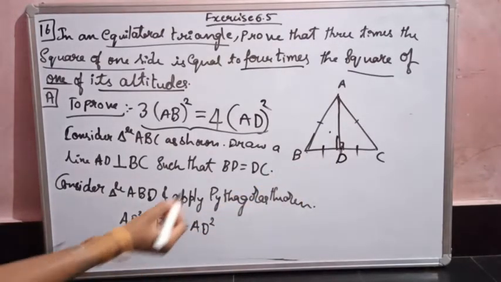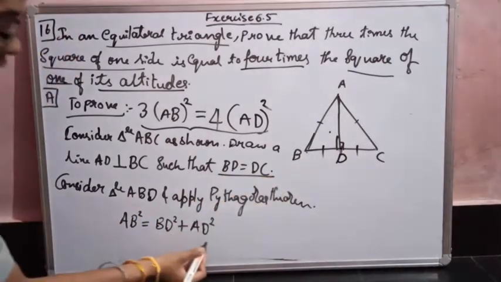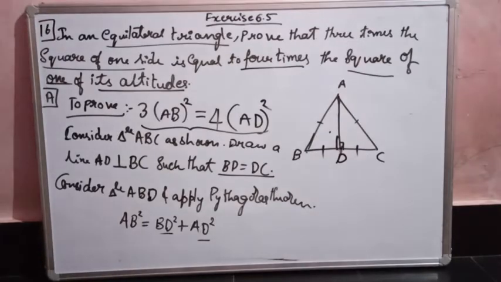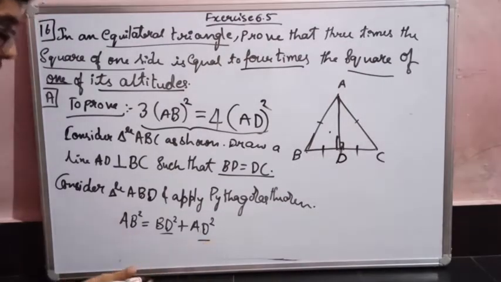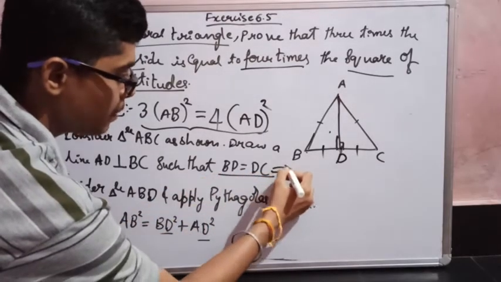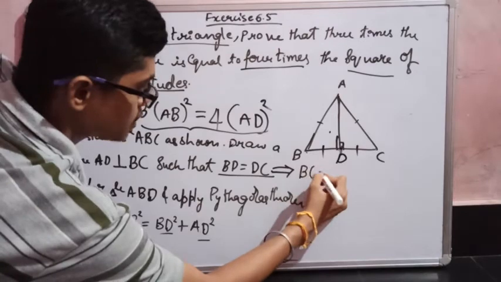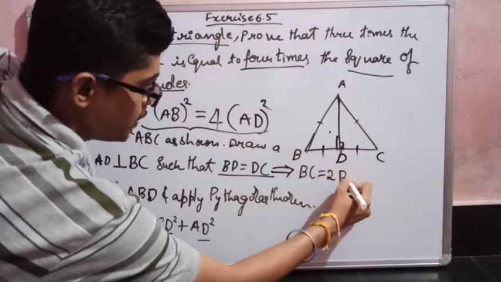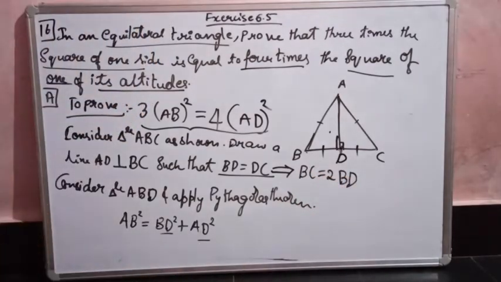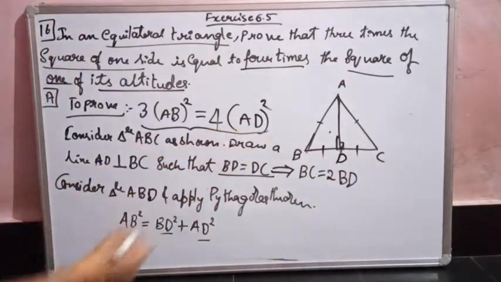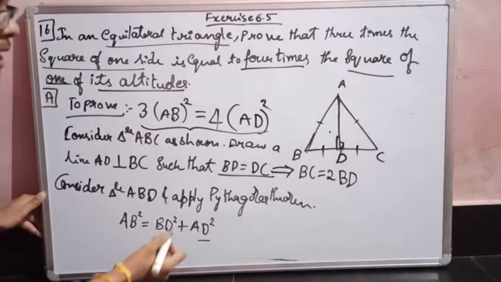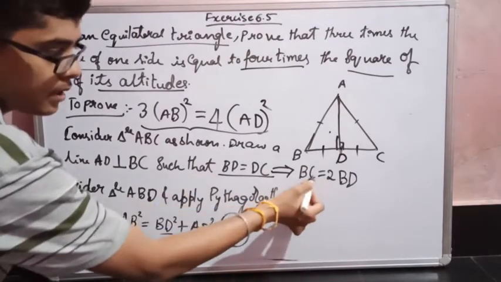I need to eliminate BD such that my equation contains only AB and AD, right? Since BD is equal to DC, it also implies that BC is equal to 2 times BD. BD is nothing but half of BC.